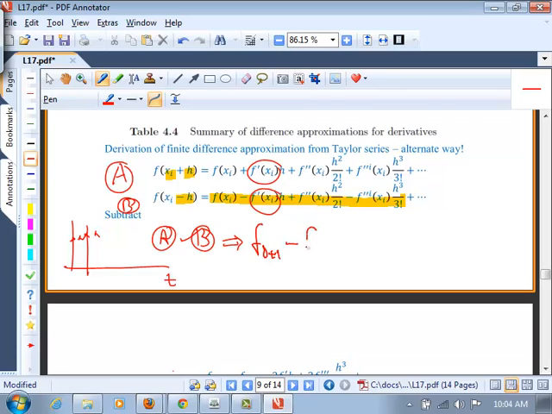Okay, but what about the next term? They will cancel out. What about the next term? That will be of order h cubed. That is the error I need to sustain.